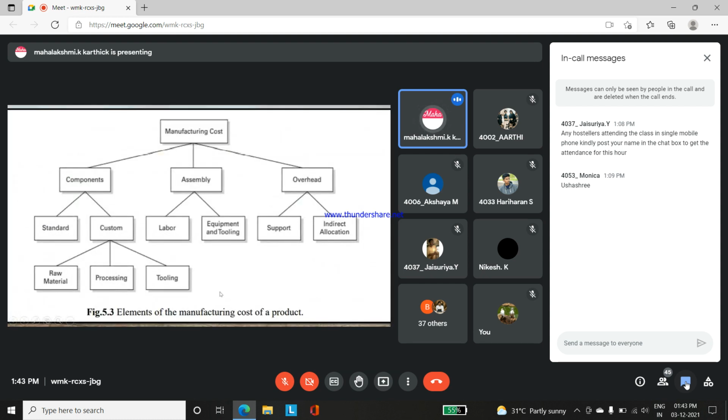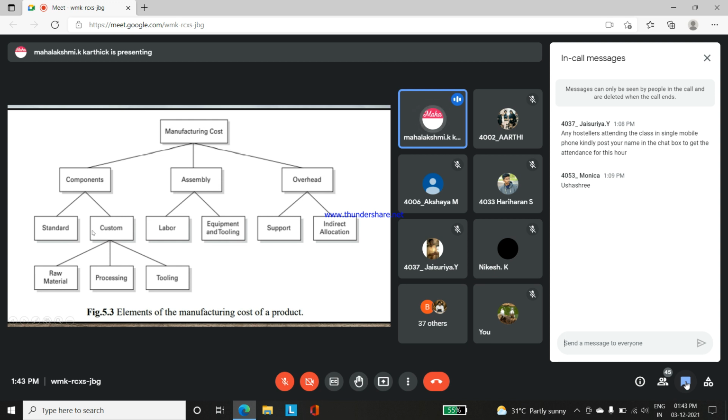At last, we have to understand the overall idea about manufacturing cost. It is of three types. In general, you have to remember the three categories: direct material cost, direct labor cost, and manufacturing overhead cost. Same thing only. Component, assembly, overhead. Component is of two types: standard components and custom components. Even when you install software, a customer has options: standard options and custom options. According to your usage, your platform, and your ideas, you can change them in settings. So this applies to all hardware products.